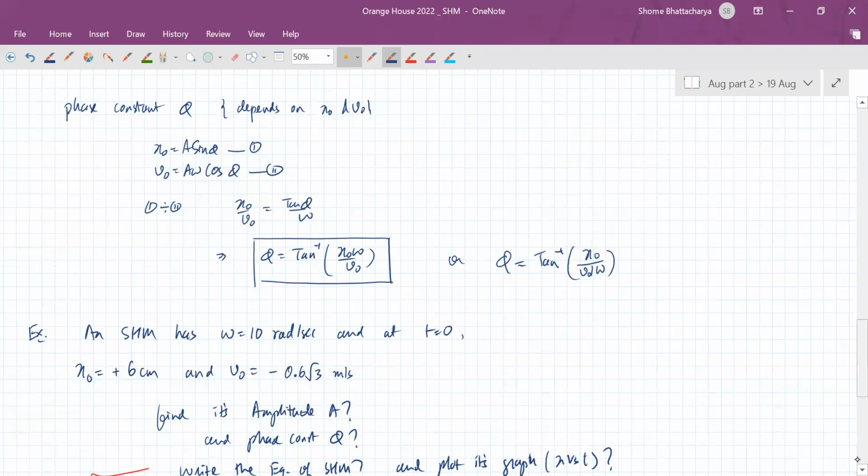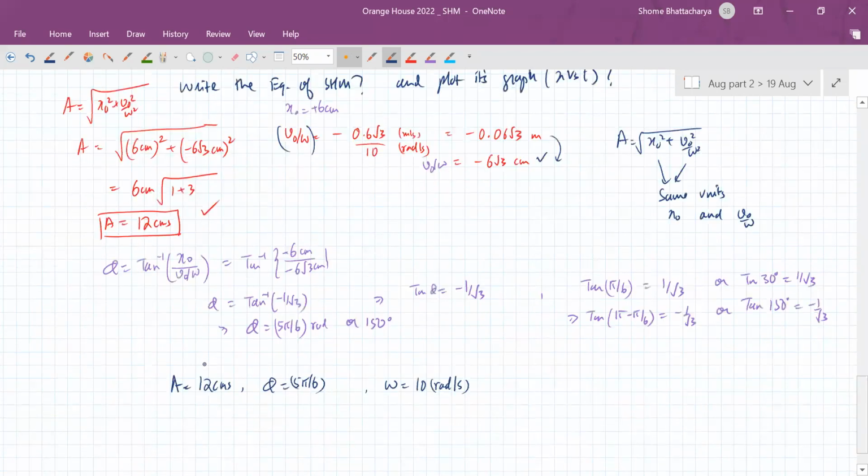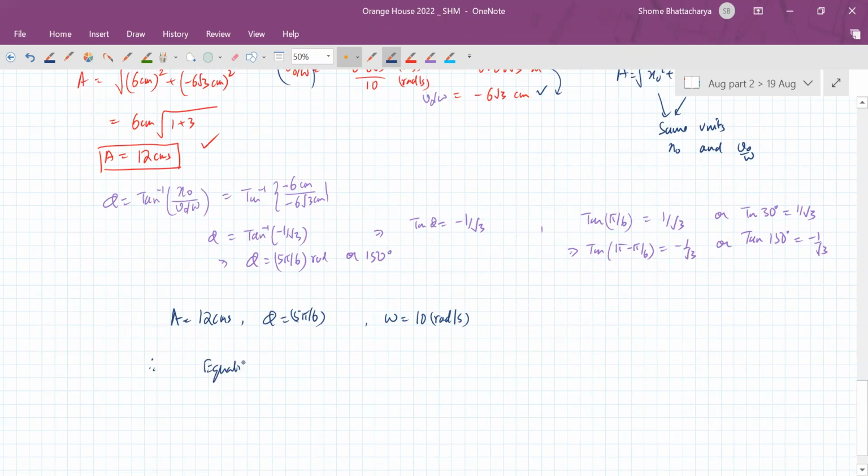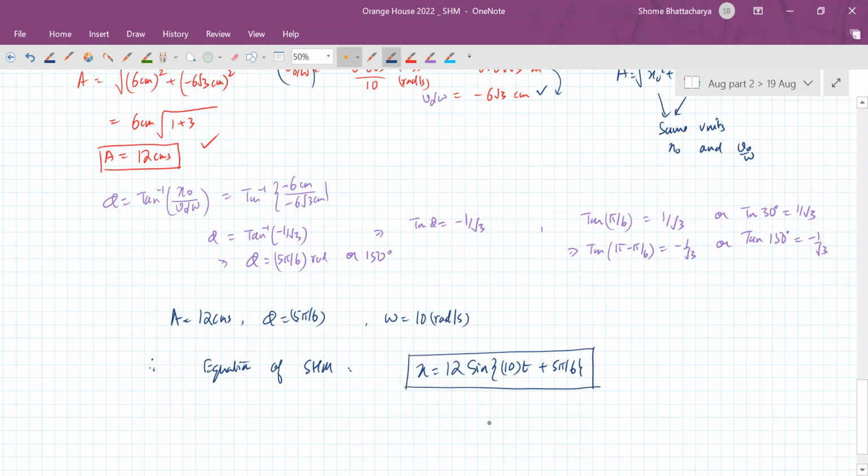So from that we can see that the equation of SHM is x is equal to A, which is 12, sine(omega t, which is 10t, plus phi, which is 5 pi by 6). So in this equation, x is in centimeters, because the amplitude is 12 centimeters, and time is in seconds because omega is in radians per second.